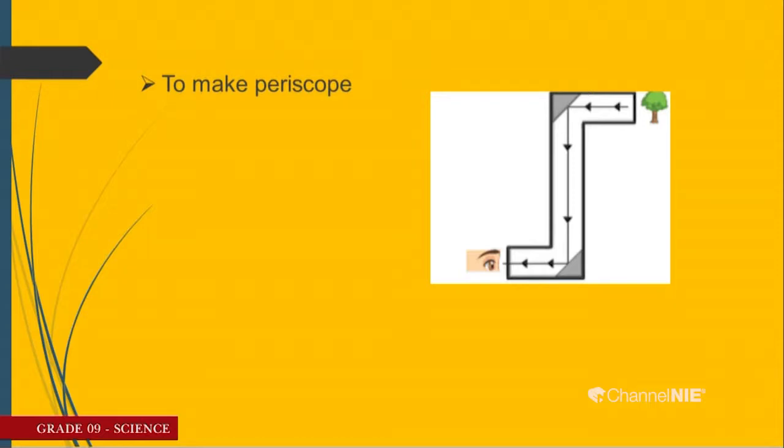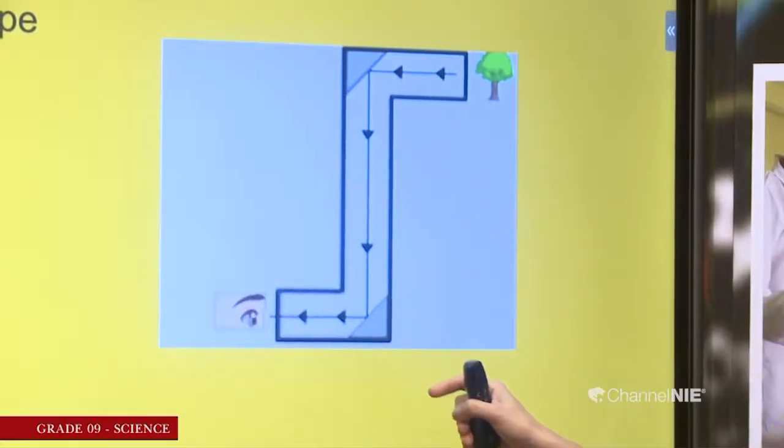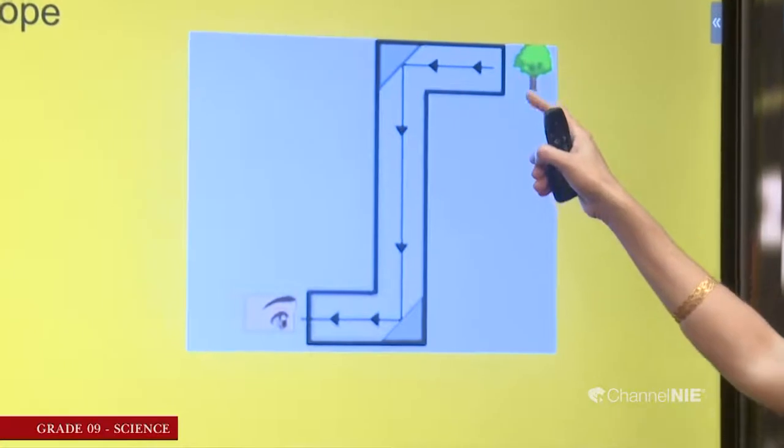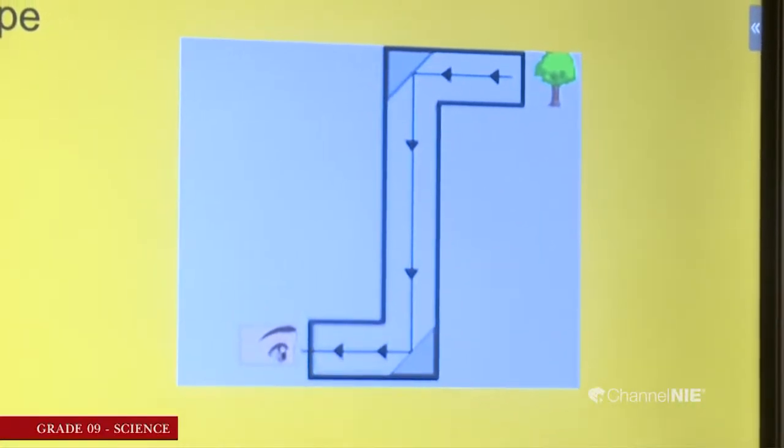A periscope is a tubular structure like this, and two plane mirrors are used in this. So, this is the object and here is the soldier hiding inside the bunker.